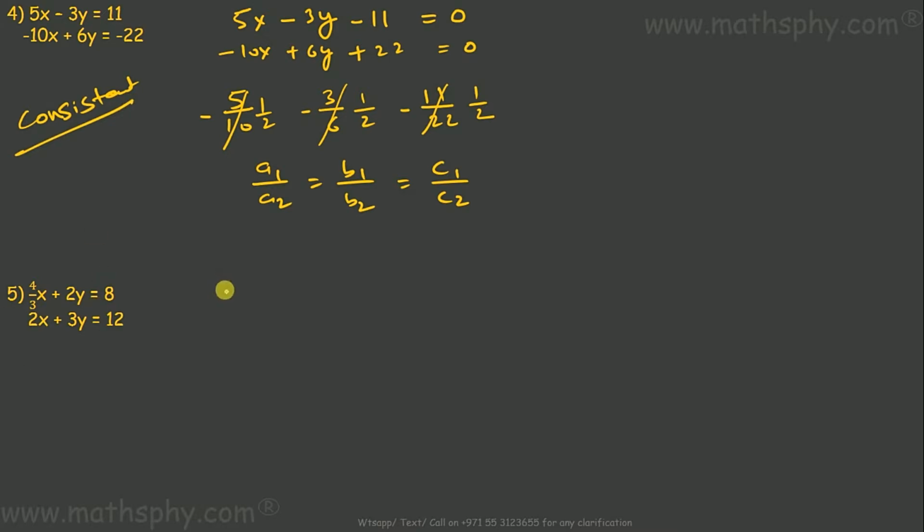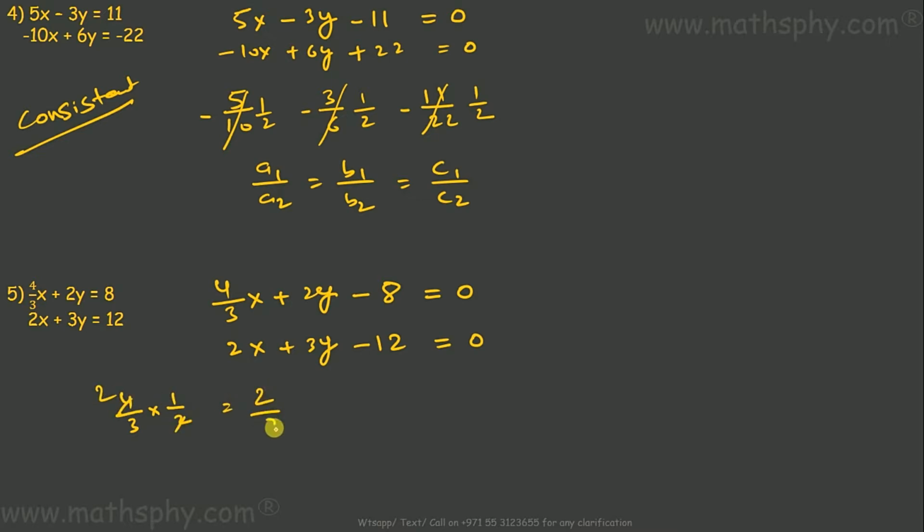This one here, 4 over 3x plus 2y minus 8 equals to 0, 2x plus 3y negative 12 equals to 0. So A1 over A2 means 4 over 3 into 1 over 2, which is 2 over 3.